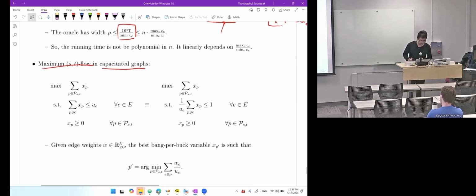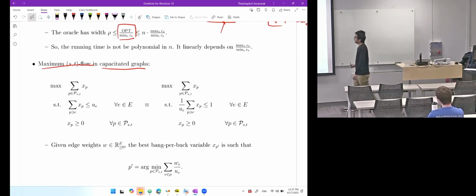You're going to see that the best bang per buck variable is just a path p that minimizes this one. I will not repeat it, you can verify this. It's just going to minimize W e over U e, summing over all edges in the path. So again, this is just the shortest path problem with a different kind of weight.